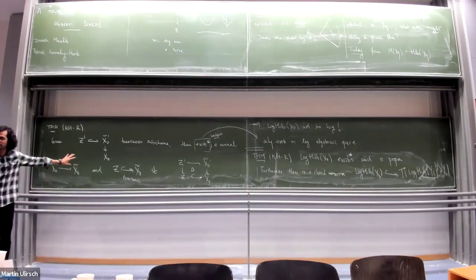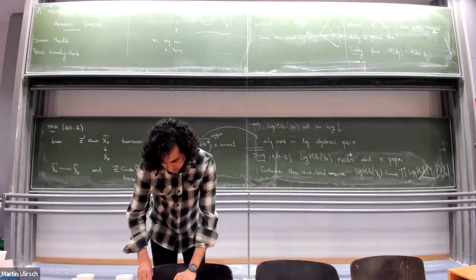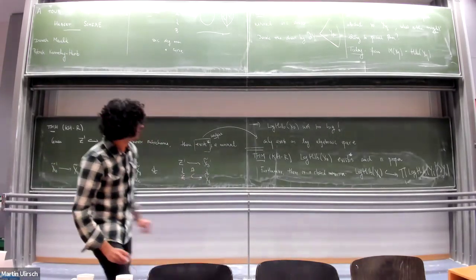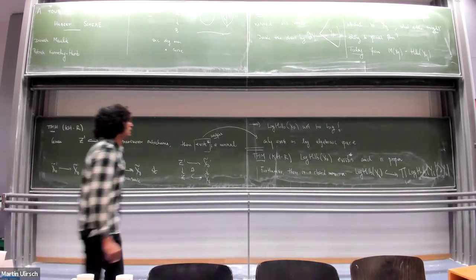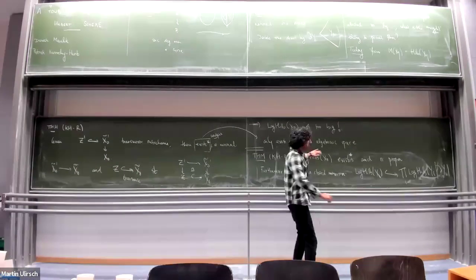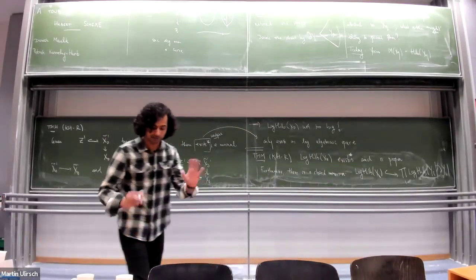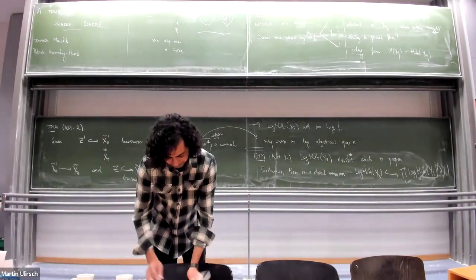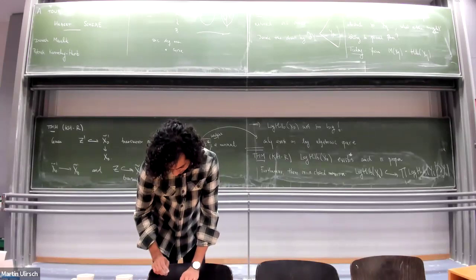So all of the juice here really comes when you're working over a higher dimensional base. Yes, you have to make a choice, and the choice never matters. And yeah, I'll explain.